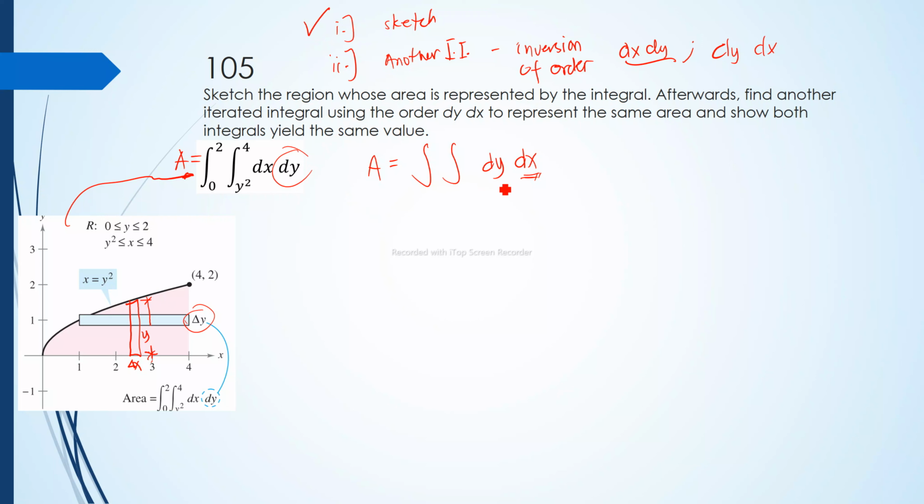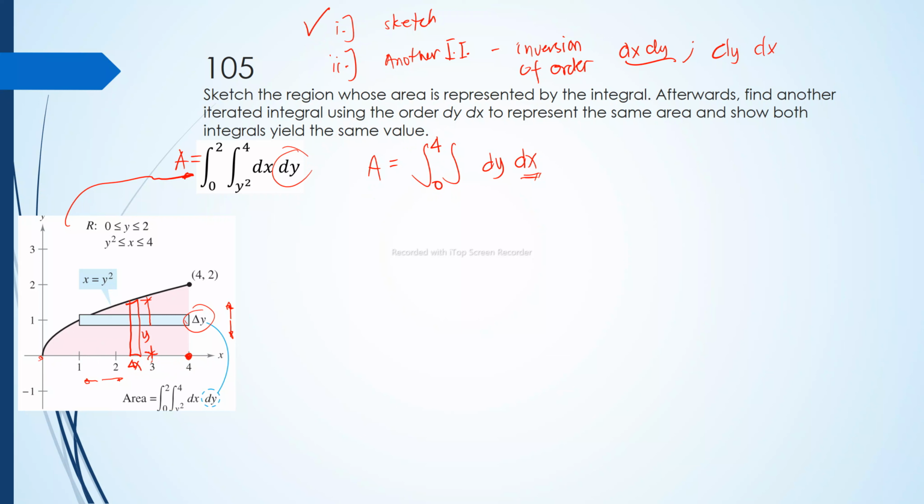The outer integral moves from this point to this point. Because the rectangular strip is vertical, it moves from left to right, instead of the horizontal one, which moved from down to up. So from left to right, our outside limit is from 0 to this point, that is 4.